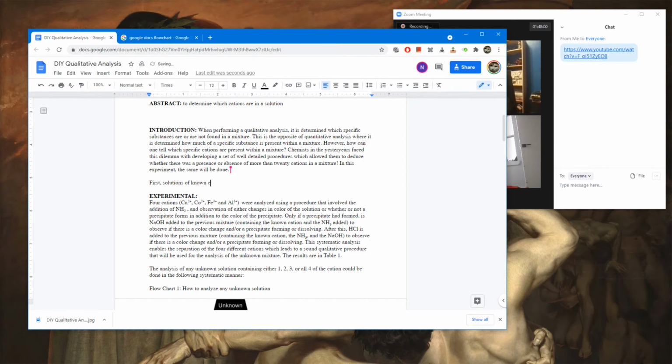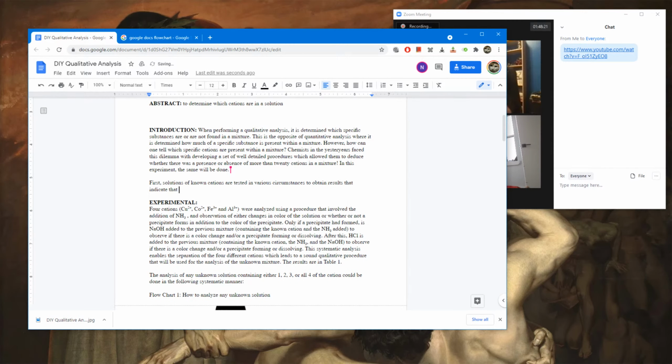Solutions of known cations are tested in various circumstances to obtain results that indicate that no two cations behave in the same exact way.